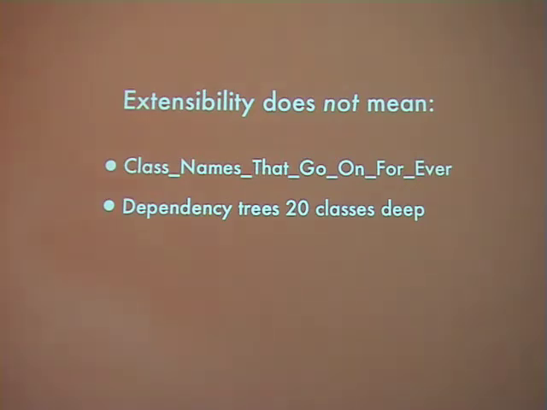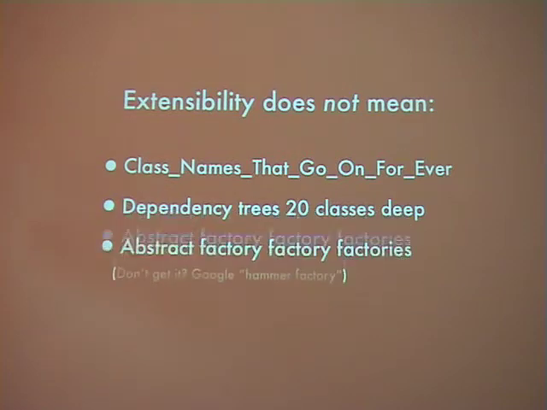Not naming any names. And abstract factories. If you don't know this, just Google Hammer Factory, and you will be entertained for a little while anyway. Don't do it now. I'm speaking. I'm kidding, you can do it if you want.